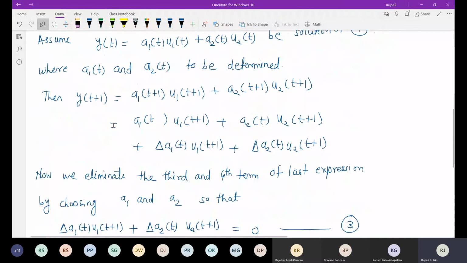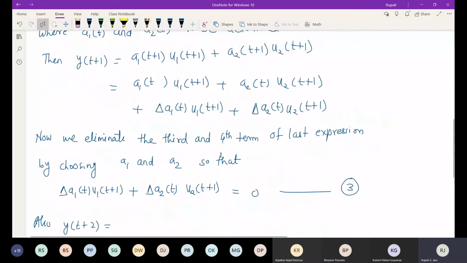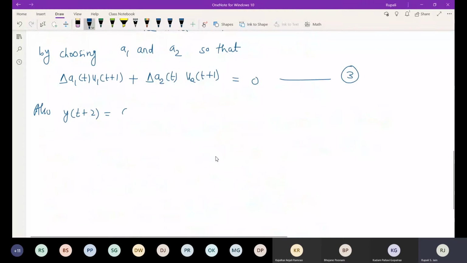Y at t is this one, a1t u1t plus a2t u2t.